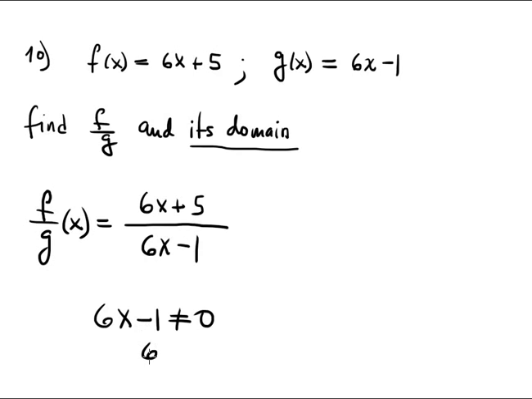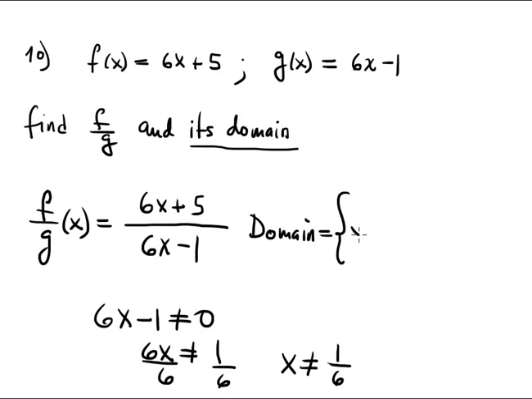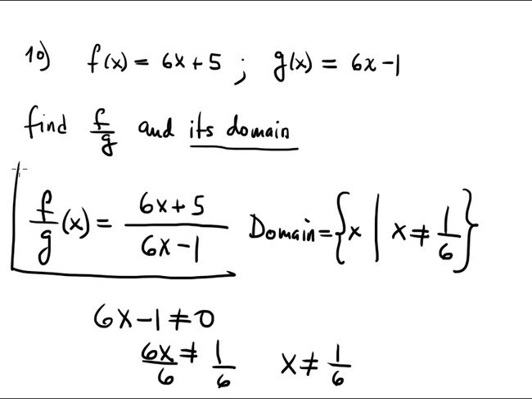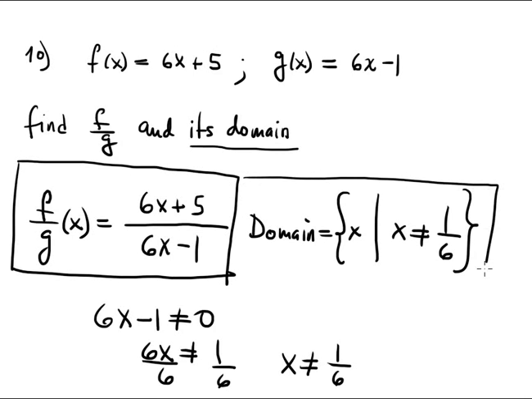So x must be different to 1 over 6. The domain is all real numbers such that x must be different to 1 over 6. And this is the answer: both the expression and its domain.